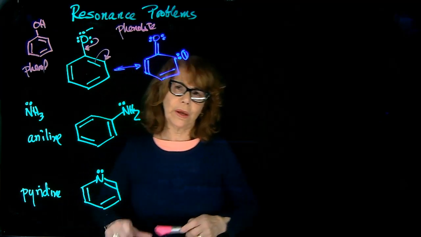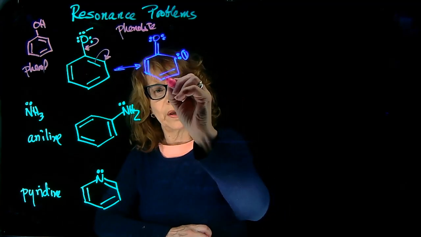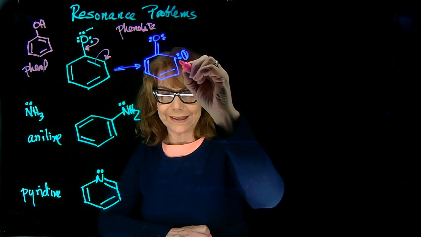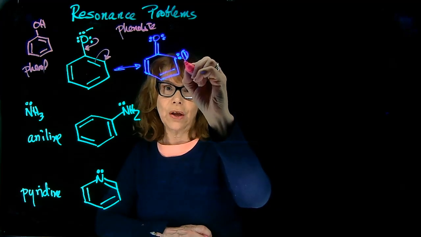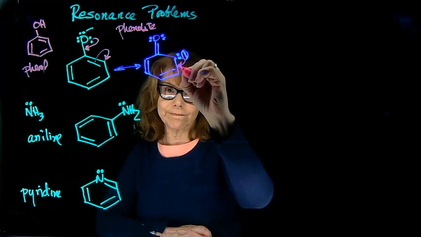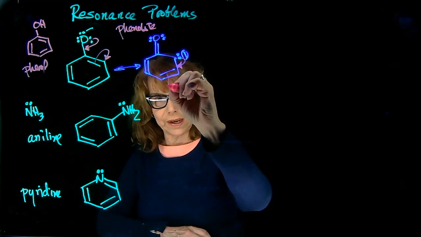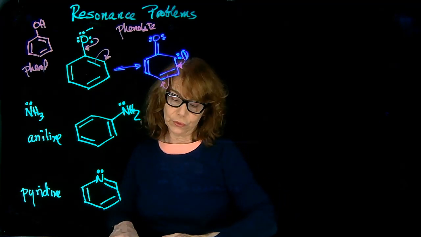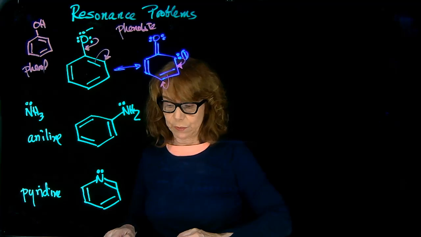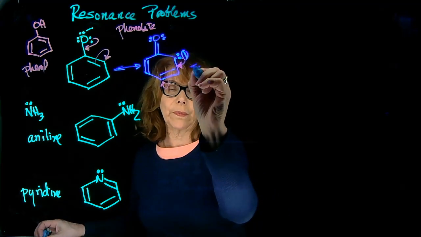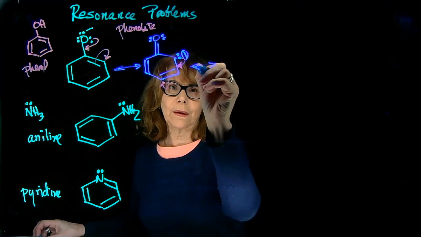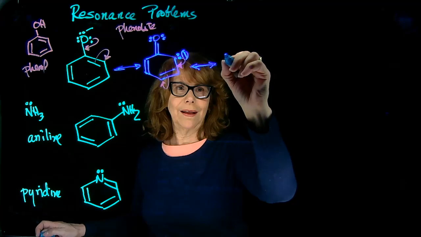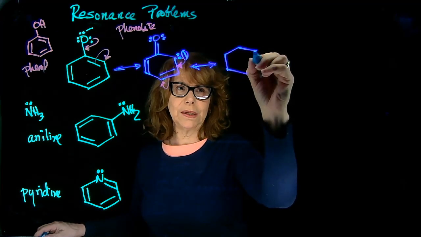But again, the pattern is repeating. We have the 2 vinylic positions and electrons at the allylic position, so I can move those. I can do resonance and put the charge right here. Again, I must do 2 arrows because you don't want to break the octet rule. Let's do that.